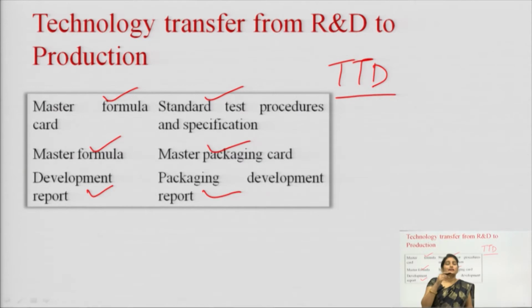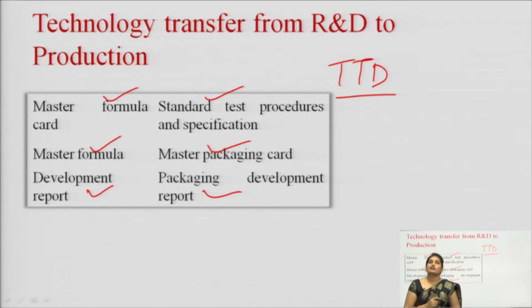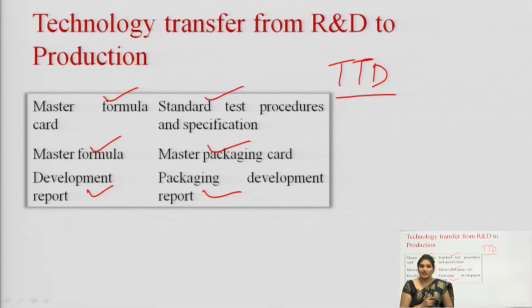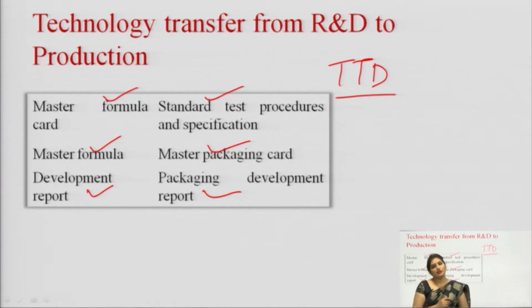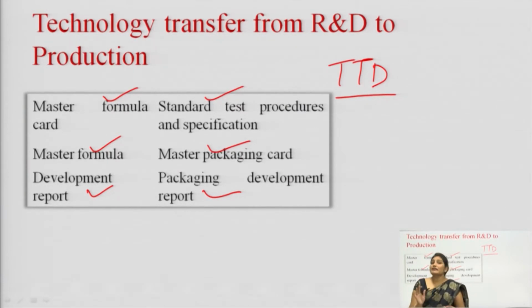So, the technology transfer from R&D to production is done with the help of TTD, and these documents: master formula card, master formula, development report, standard test procedures, master packaging card and packaging development report. So, it is a multidisciplinary approach. Technology transfer is a collaborative process, so a single department is not at all involved.